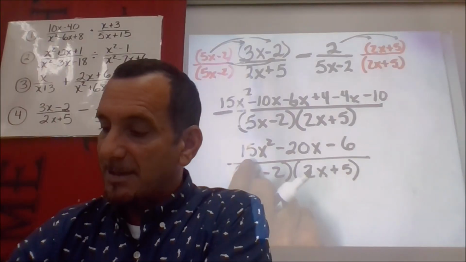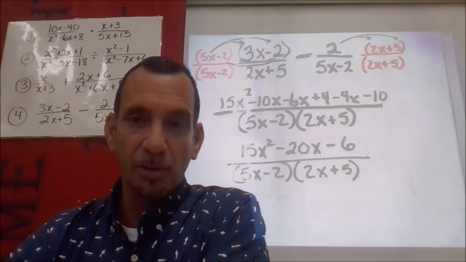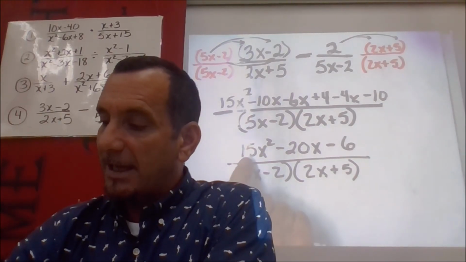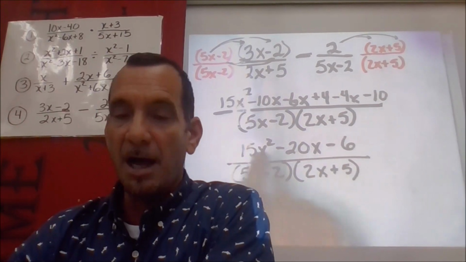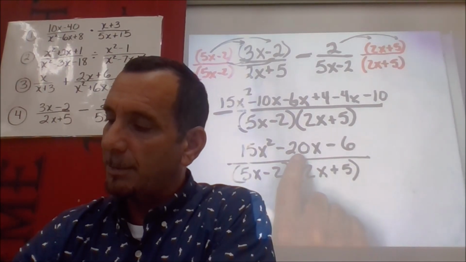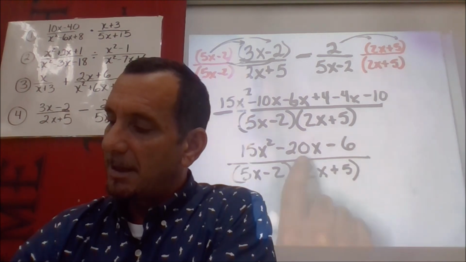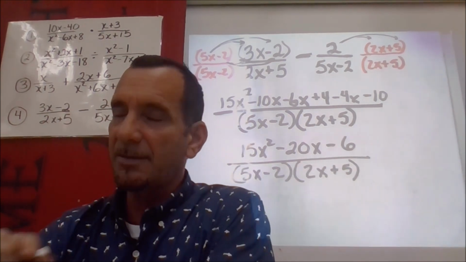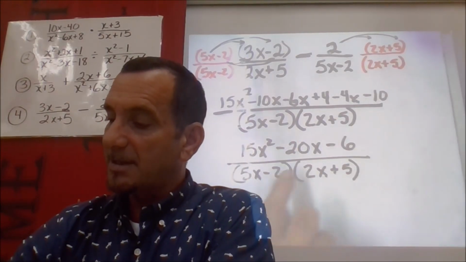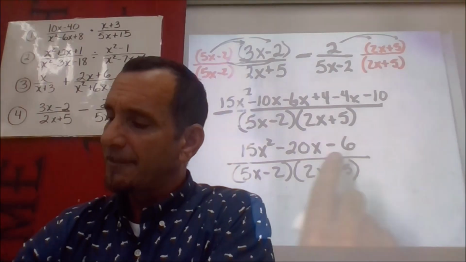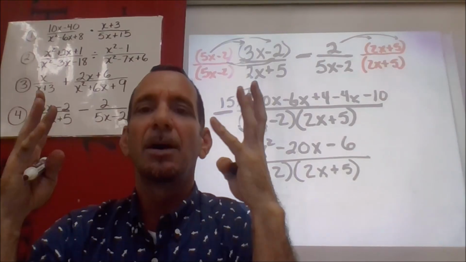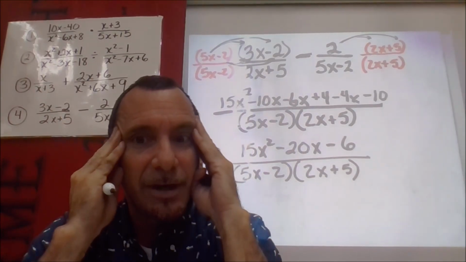First of all, I've got this large coefficient in front of the x squared, and I know that's going to be a very difficult factoring problem if I can't find a greatest common factor. Can I find a greatest common factor between these numbers, the 15, 20, and the 6? I really can't, because 15 and 6 can be divided by 3, but 20 can't. And at this point, I'm going to start asking myself questions. I'm not going to say, oh, I can't factor it.